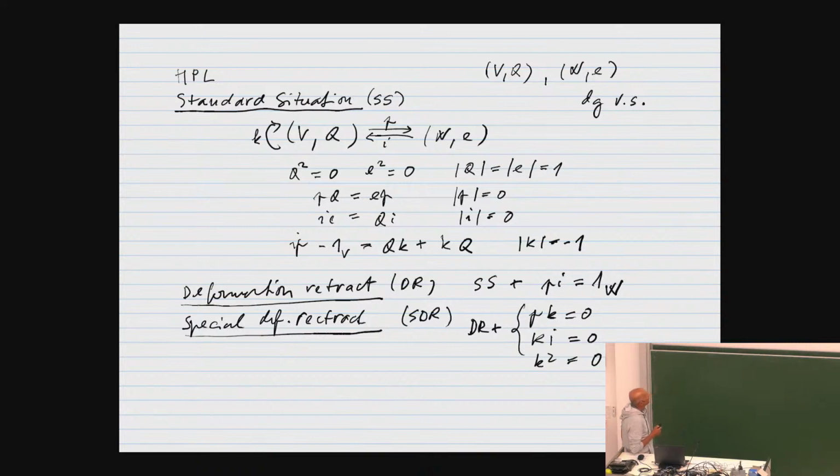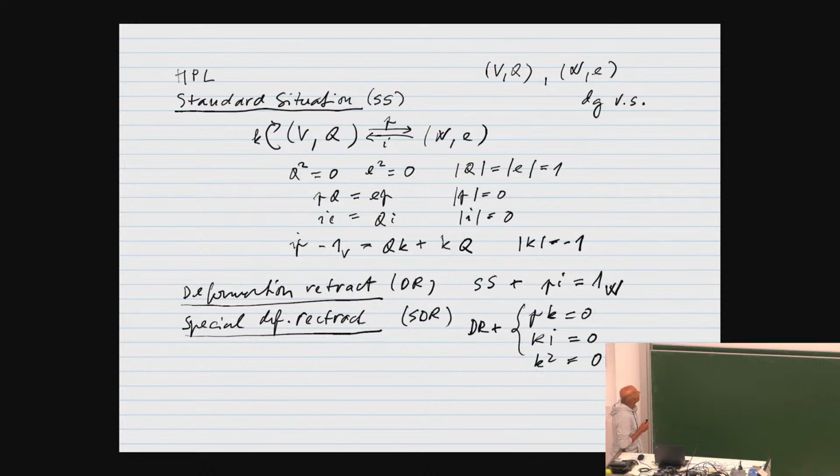So you have two differential graded vector spaces, V and W, with the respective differentials Q and E. This means they square to 0, and they are of degree 1.